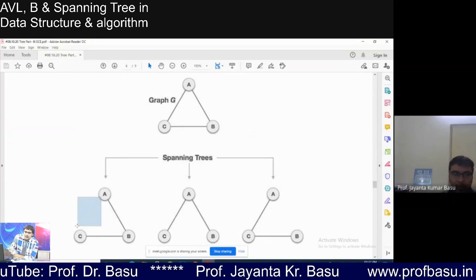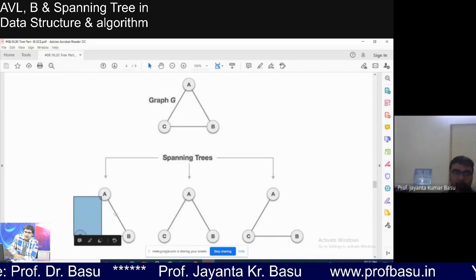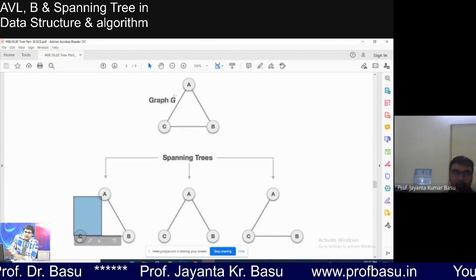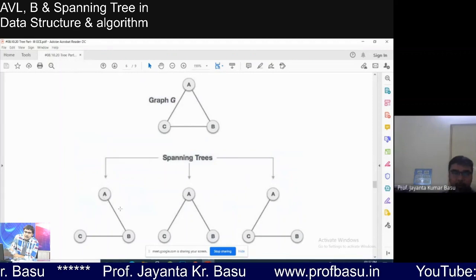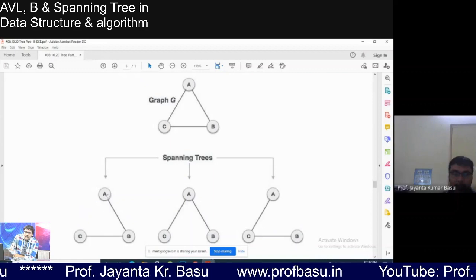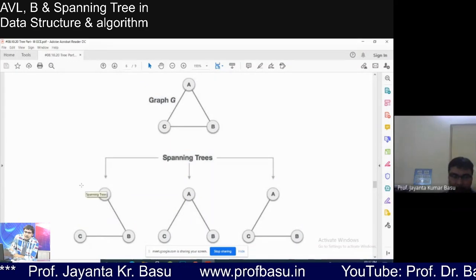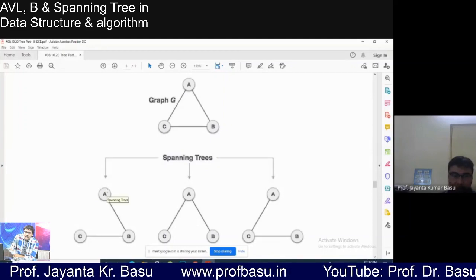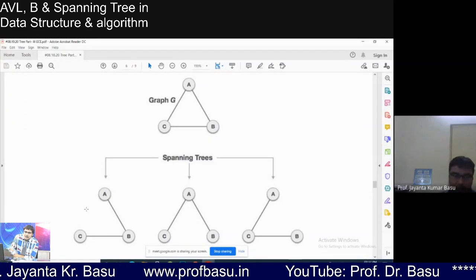If we connect this one, this will not be a spanning tree, this will be a graph like this. But if we cut it, the nodes A, B, C are connected, right? But it will not be a cycle. So it is one type of spanning tree. I can emerge a spanning tree from this graph, this number one.